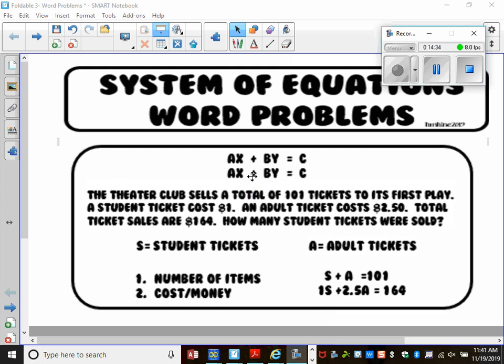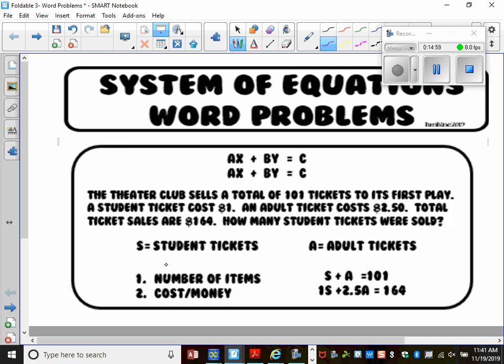Okay, so when you set them up, you're going to be using the standard form. Remember, ax plus by equals c is standard form. So this is how you're going to set up your word problems. And you have to follow directions. I know some of you are still working on that. So we have to follow directions, and where it says to define your variable, this is what it means.